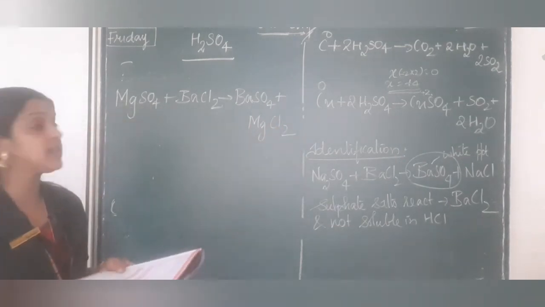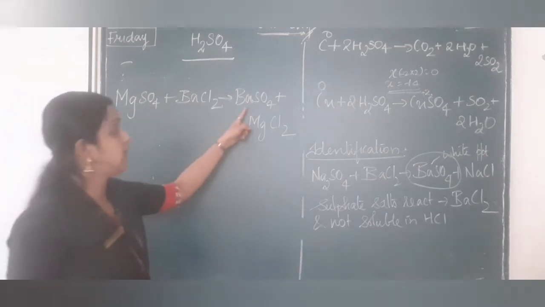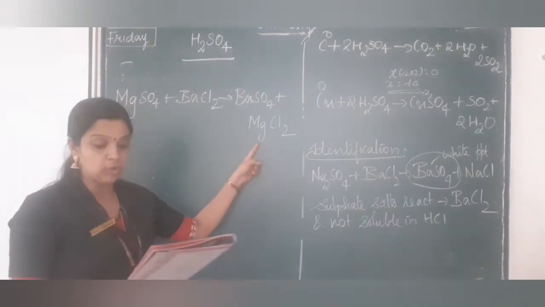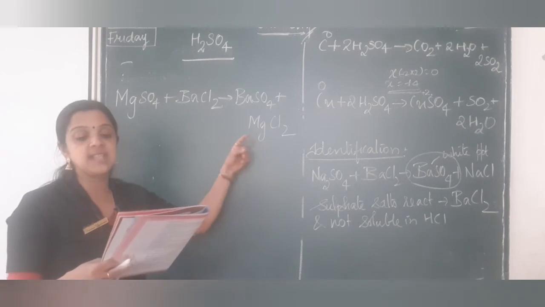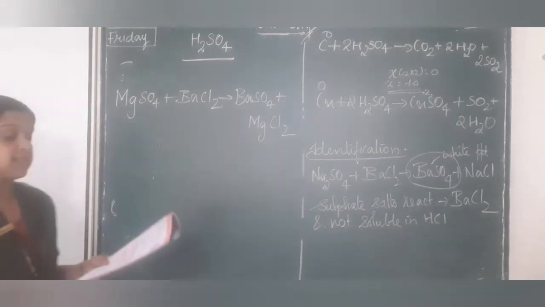Please write the answer, children. Magnesium sulfate, when treated with barium chloride, gives barium sulfate and magnesium chloride. Now when dilute HCl is added to it, there is no change. We will be seeing what change is happening.